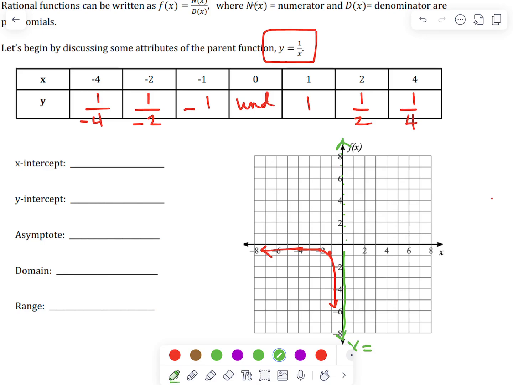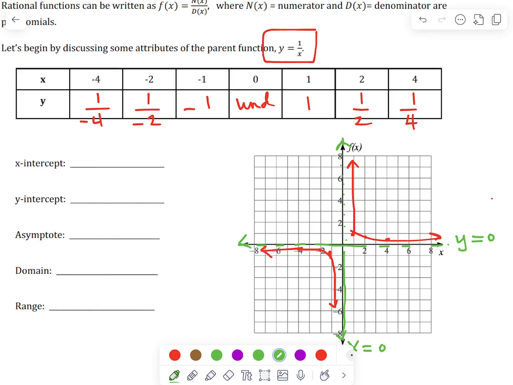So x equals 0. And then we go right 1, up 1, right 2, up 1/2, right 4, up 1/4. Again, it's going to create another curve. So this is the parent function. We also have another asymptote. It's a horizontal asymptote at y equals 0.